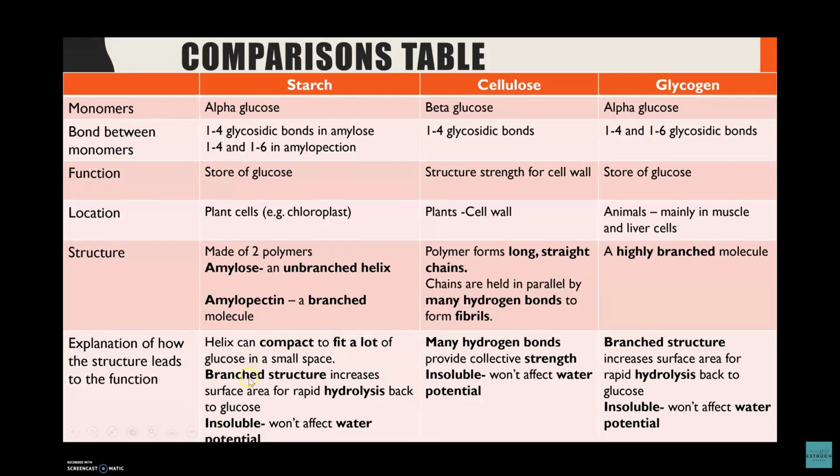It has a double advantage though, because it also has amylopectin, which is a branch structure, and having lots of branches coming off provides multiple exposed ends of the molecule, and that provides a larger surface area for enzymes to attach, and therefore they can rapidly hydrolyze starch back into glucose to release the glucose to the plant if it needs it.